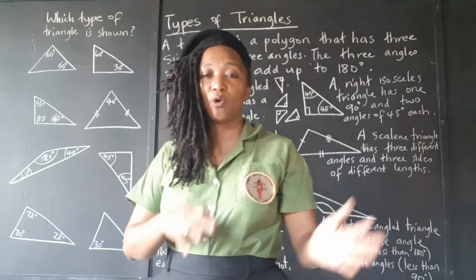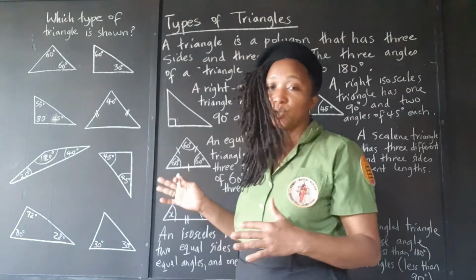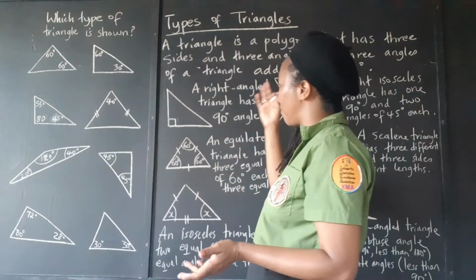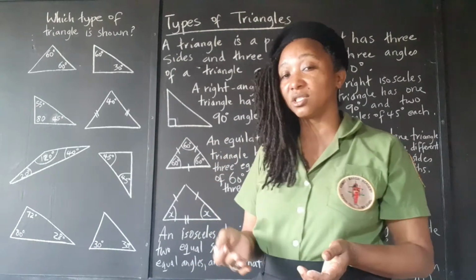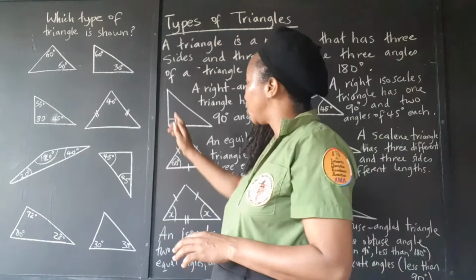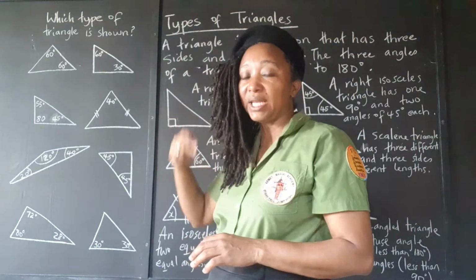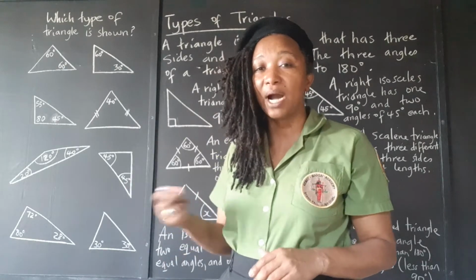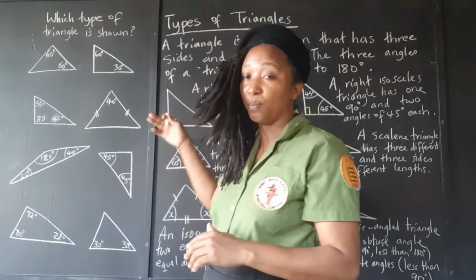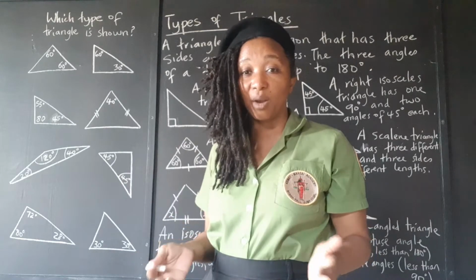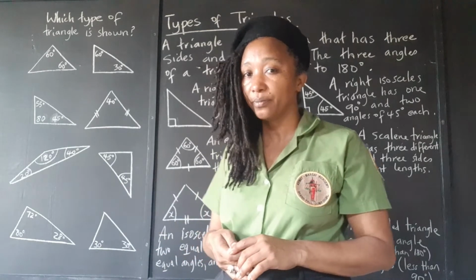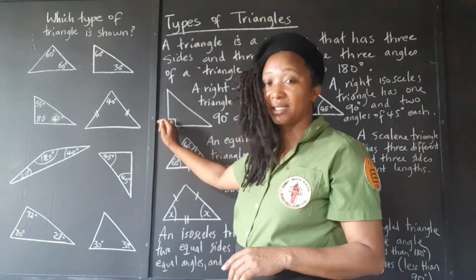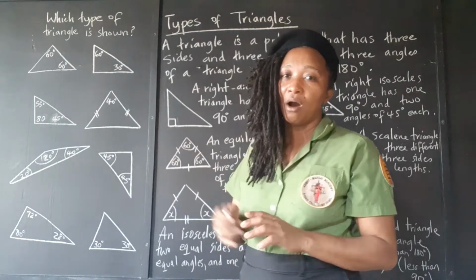If you want, you can orient it the way that you prefer it to look, and you can turn it just to check. But you should see the box to indicate that it's a right-angled triangle. Or if the other 2 angles add up to 90, then you know this one must be 90 as well, since they all must add up to 180. So we have our perpendicular lines meeting at a right angle.